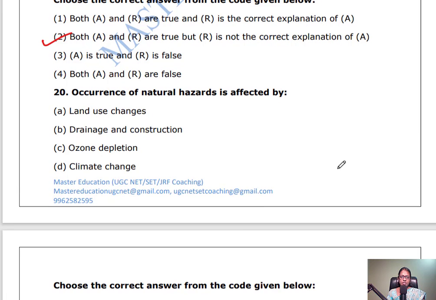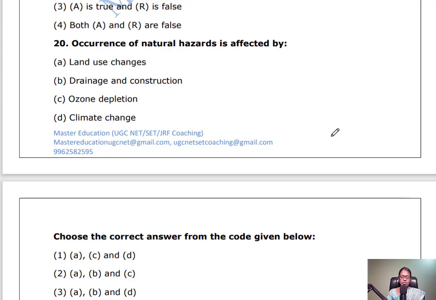The next question: the occurrence of natural hazards is affected by what? Whenever a natural hazard happens on earth, land use changes, because whenever an earthquake happens, land is moved from one place to another, and drainage and construction are also affected. Climate change will happen.